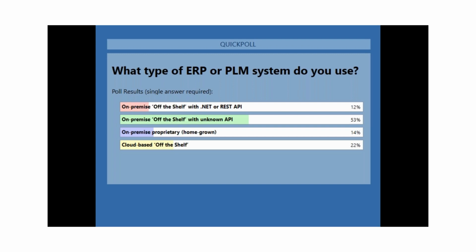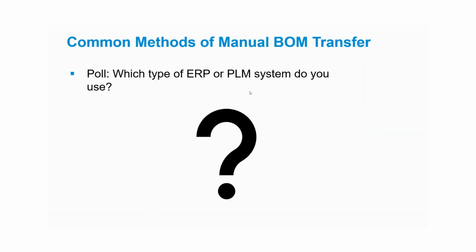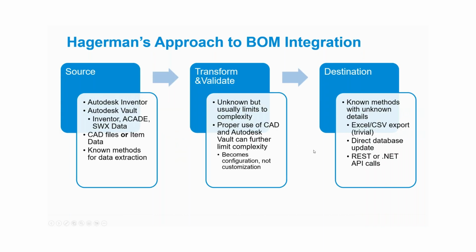And one of the nice things about a proprietary system is you hold the keys, assuming you have access to the source code or whoever maintains it for you. There's a lot you can do if you have your own proprietary system, right? So that's definitely not necessarily an impediment to integration, right?